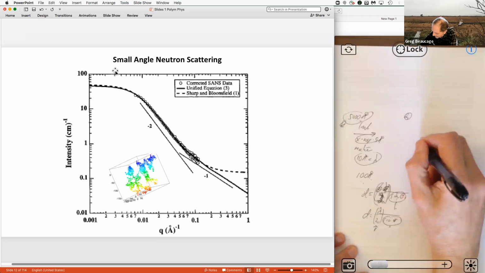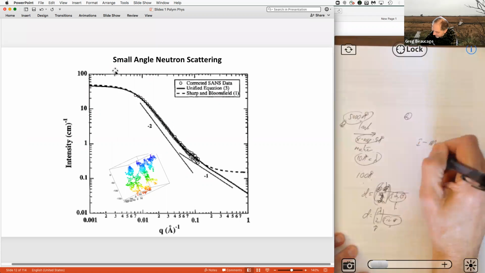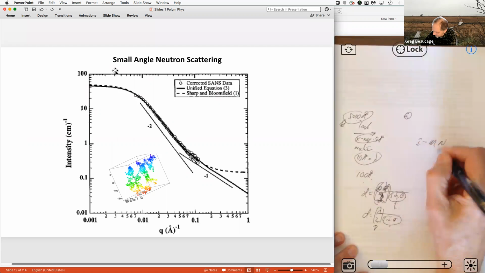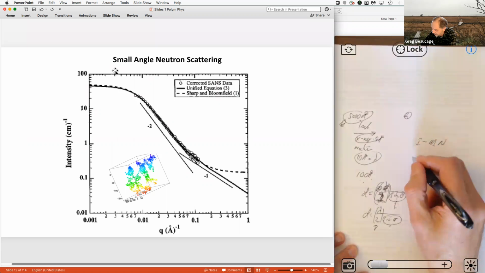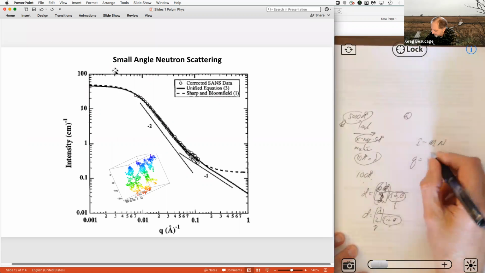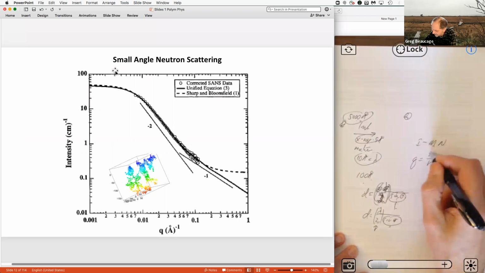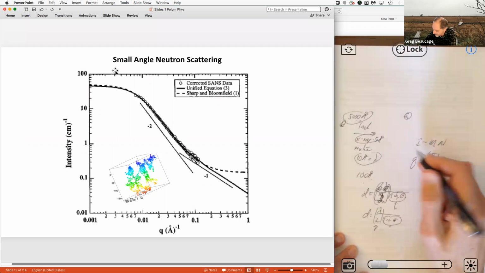Okay, so what is the structure? The intensity is proportional to the mass of the objects, and mass times the number, so the concentration and the molar mass. And then the Q is basically 2 pi over the size. It's an inverse space vector. So this is how scattering is usually plotted.